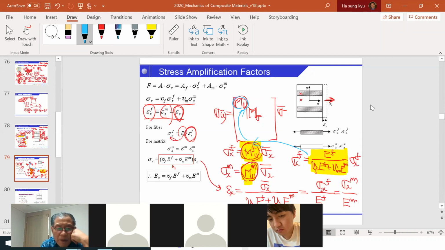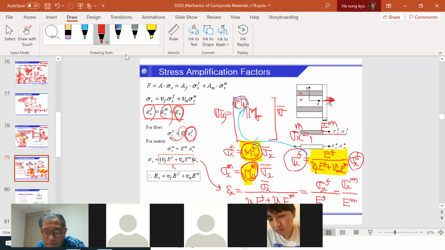As you can see, by the definition of the stress amplification factor, if you know how much stress you apply in the fiber direction, you can immediately calculate how much stress is in the fiber. Same for the resin: we can have sigma m x equal to Em times sigma x bar divided by Vf Ef plus Vm Em.